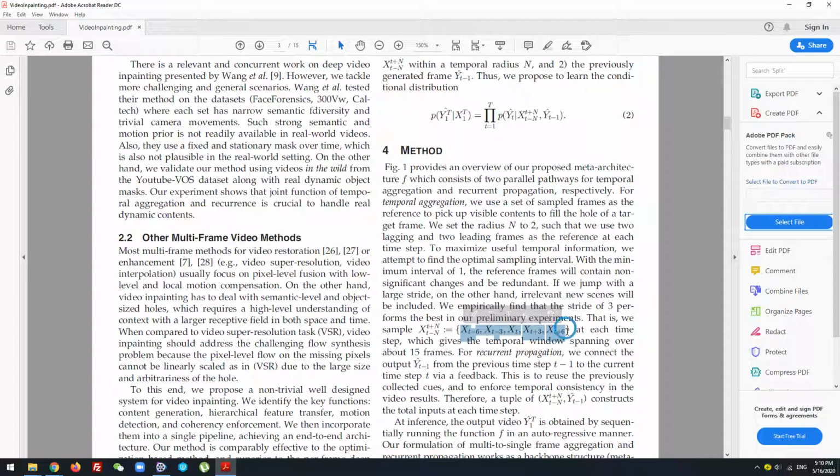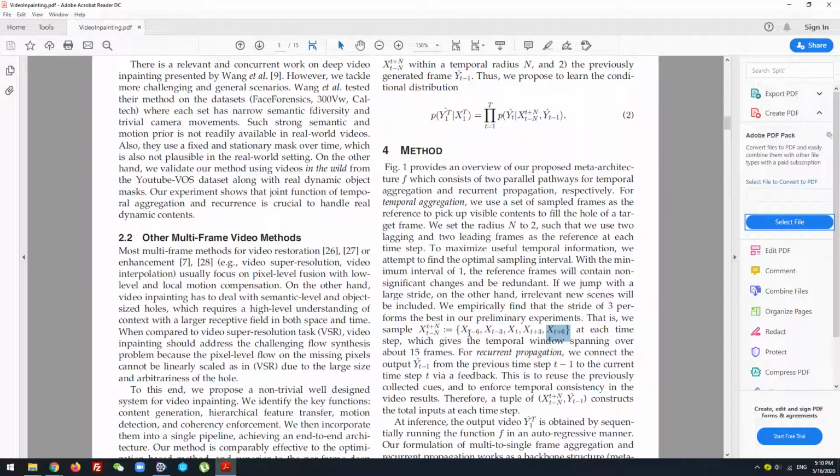Also, the author has a stride concept. If the stride is too small, for example 1, the author will choose t minus 2, t minus 1, t, t plus 1, and t plus 2. Those 5 frames may be very close to each other, so when you put them in the neural network, they may generate a frame very similar to the input.